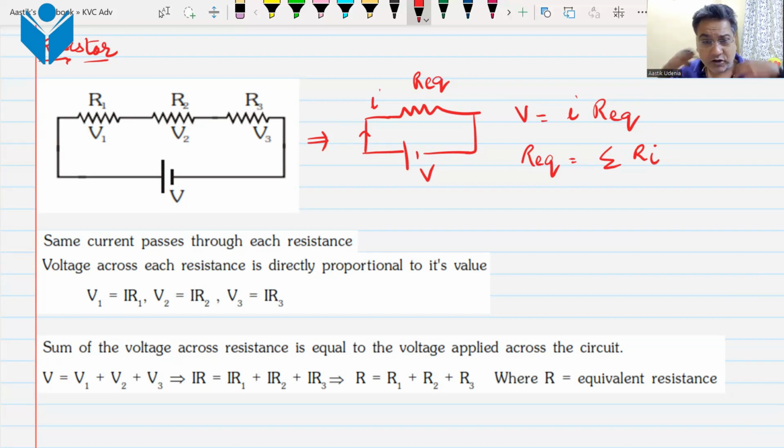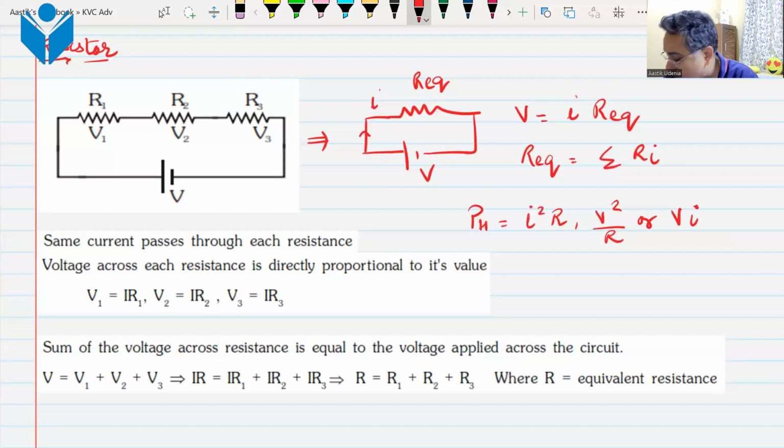Now we talk about energy in a resistor. When we talk about a resistor, we talk about heat energy lost in the resistor. So power lost in the resistor in the form of heat is always given by this formula: I square into R, or V square by R, or V into I. Do we understand it? Yes, sir. This is the power, not energy, power.